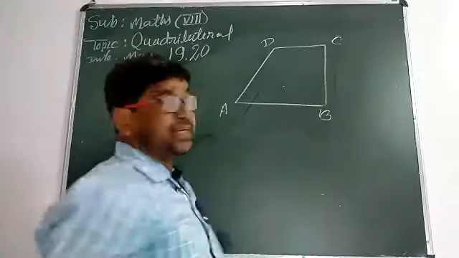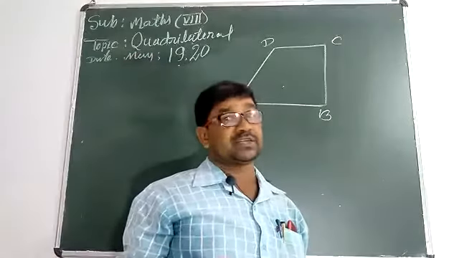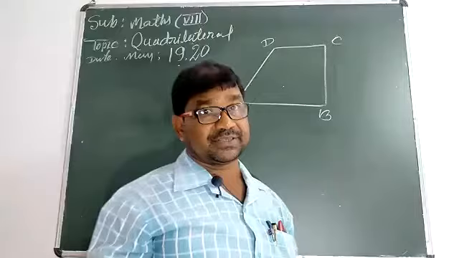First of all, we should remember that a quadrilateral is a polygon having 4 sides.